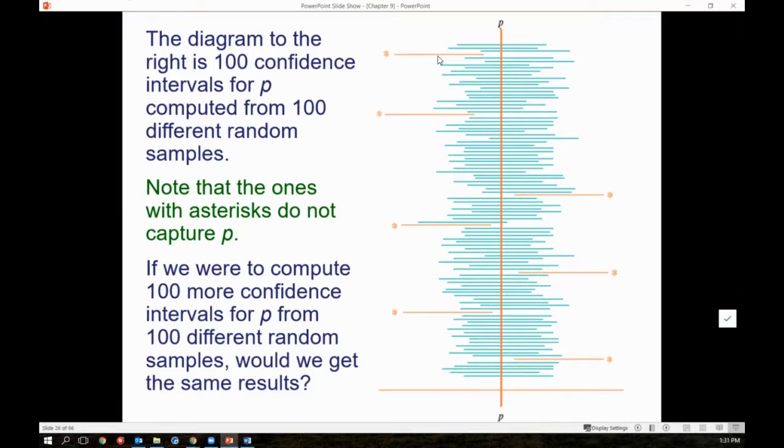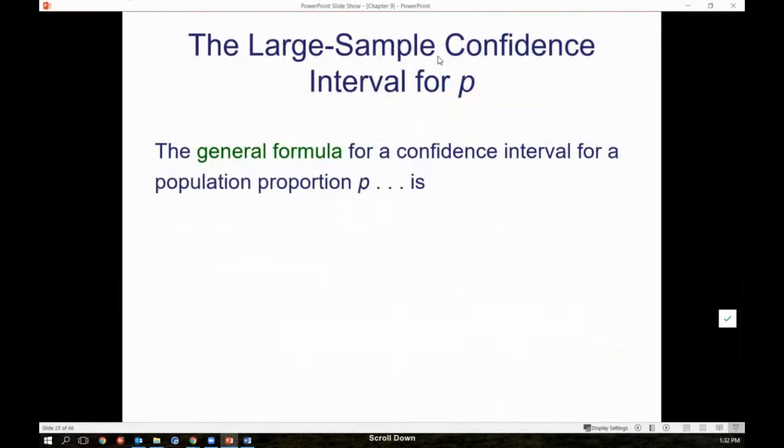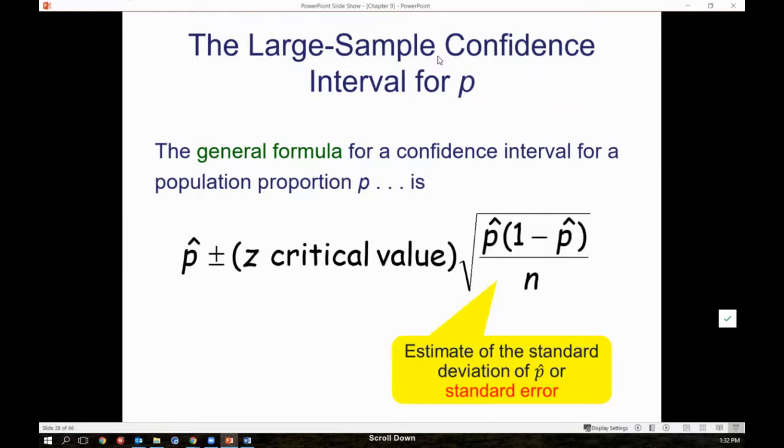Sampling variability. Sampling variability tells us that they're not all going to be the same. Okay, we talked about that. That's good.